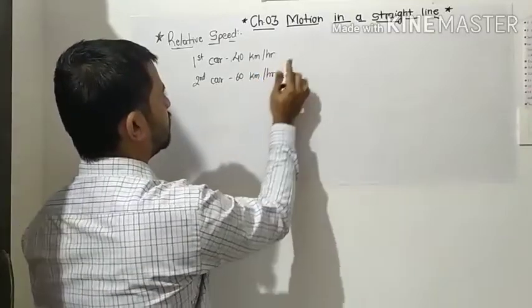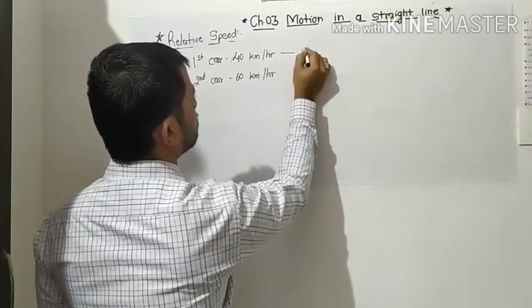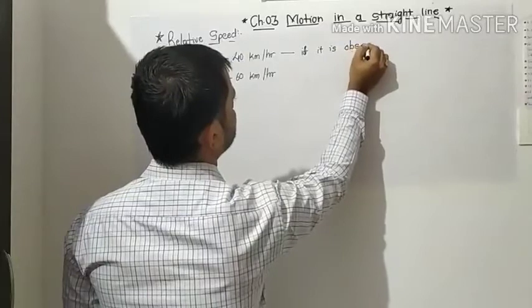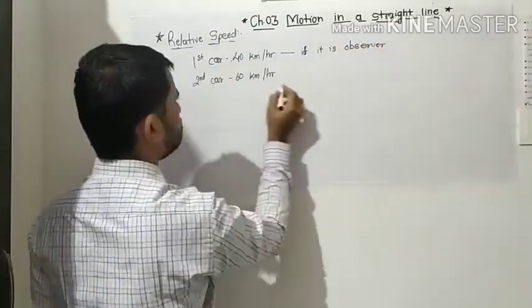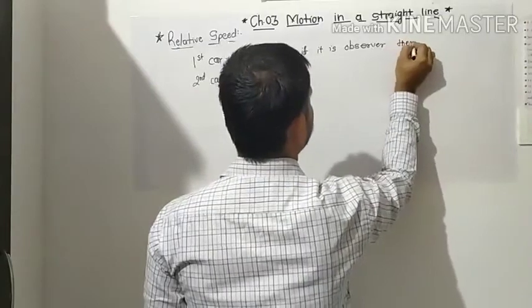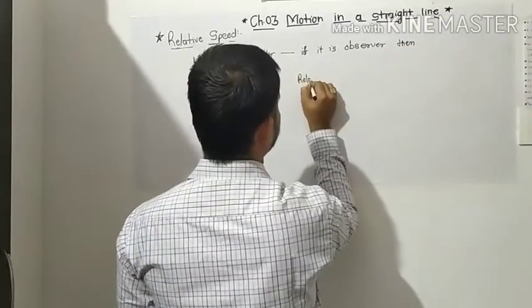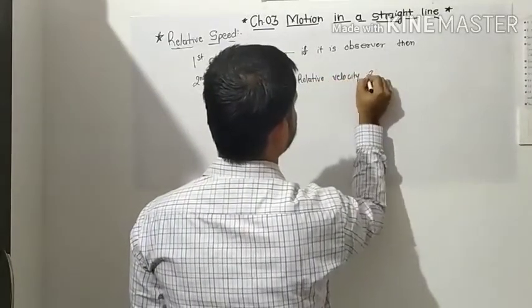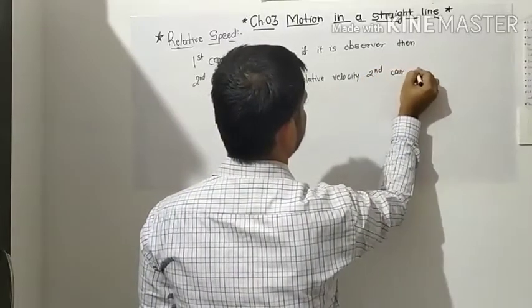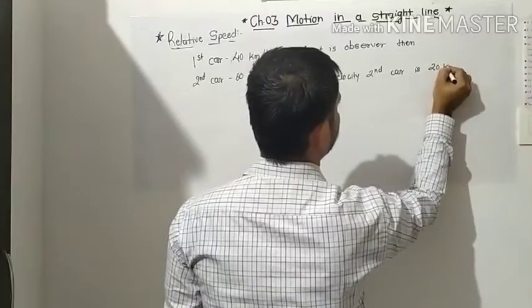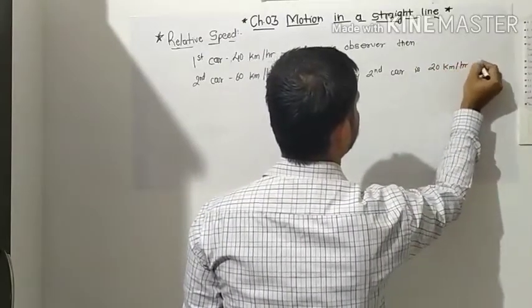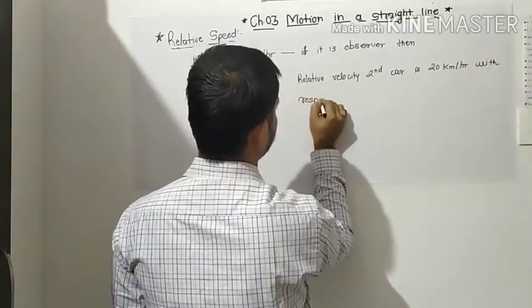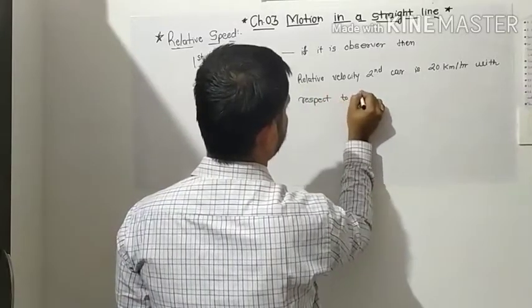If the first car is the observer, then the relative velocity of the second car is 20 km per hour with respect to the first car.